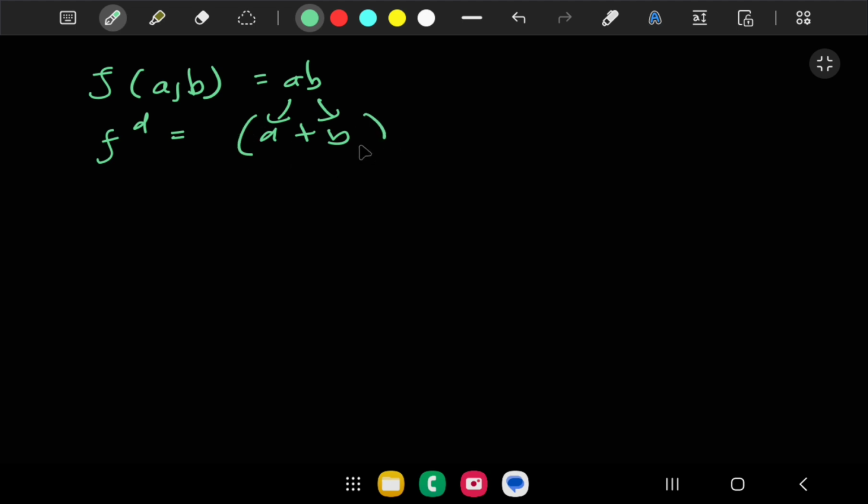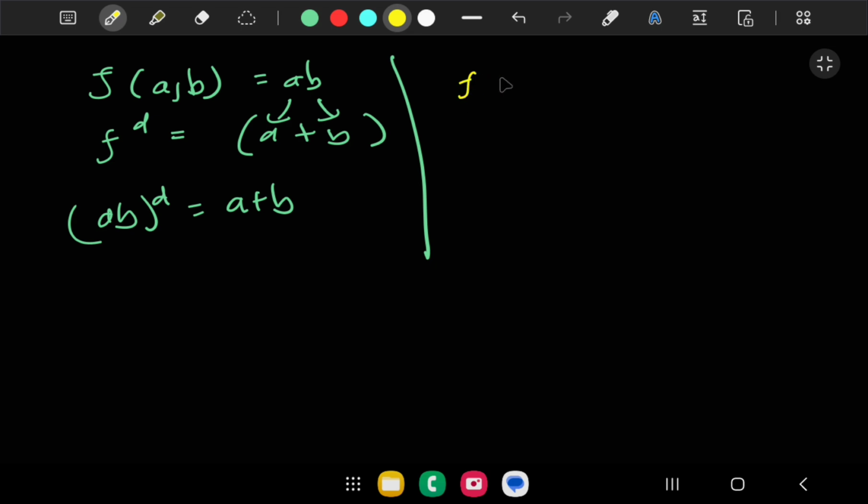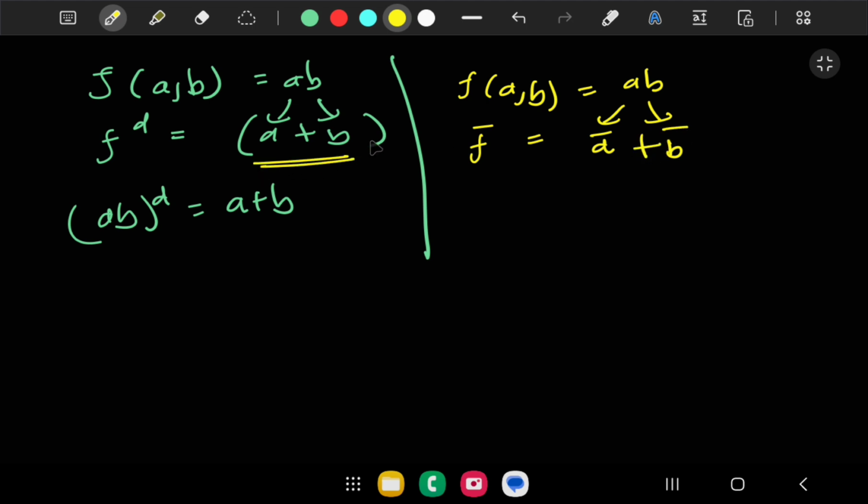So this a or b is the dual of ab. So the only change will be in the operator; a bar, b bar, plus. So don't disturb the literals. Everything else will be same.